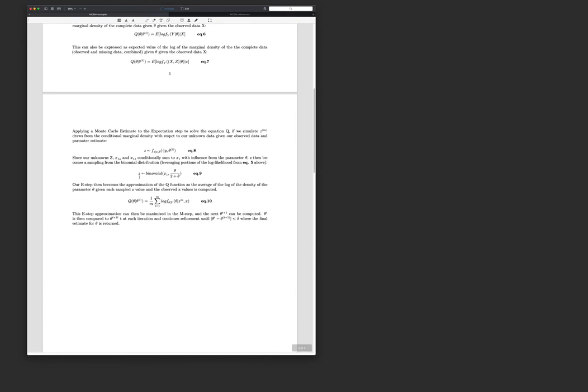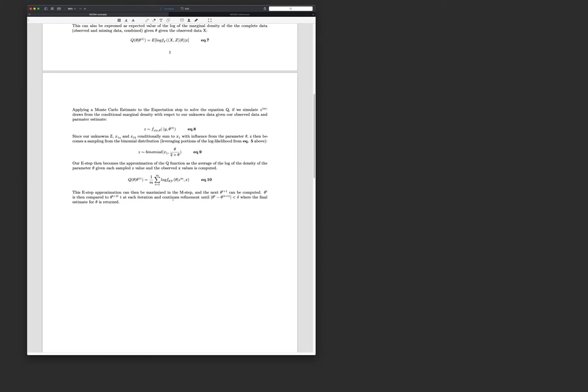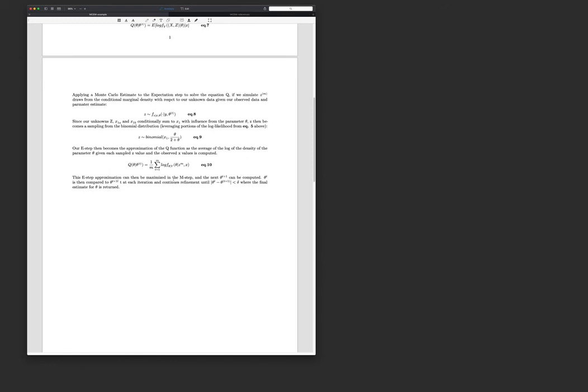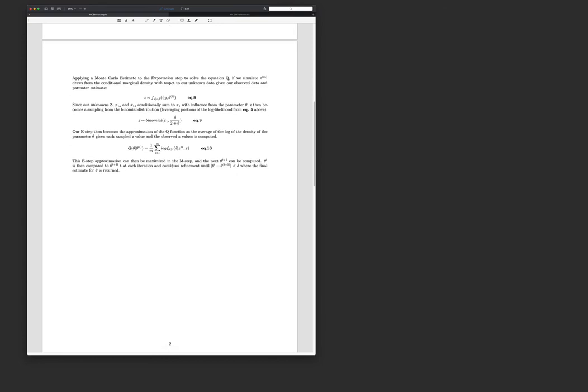so that we can take random samples of this binomial with these parameters to come up with what we're going to plug into the next equation. And this is our actual E step. And just the standard MCEM, or the standard E step, we go through here.